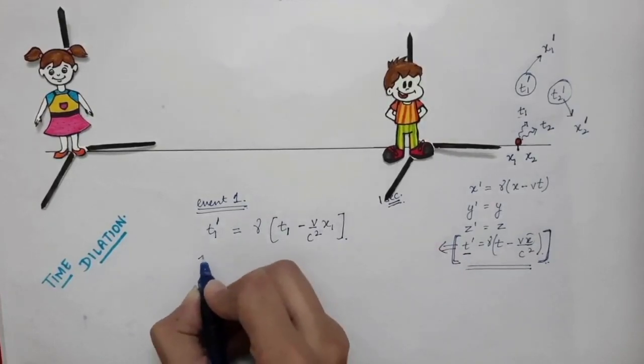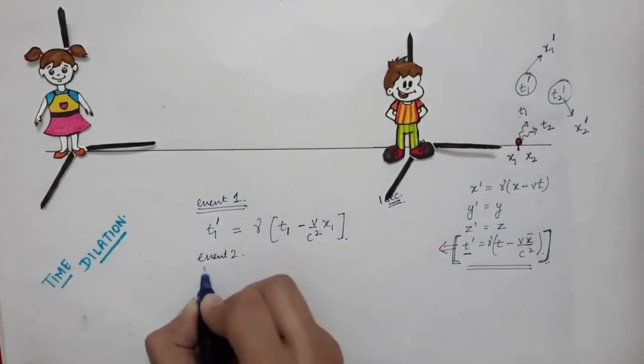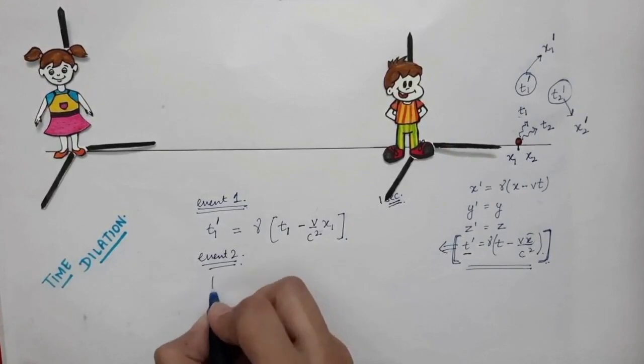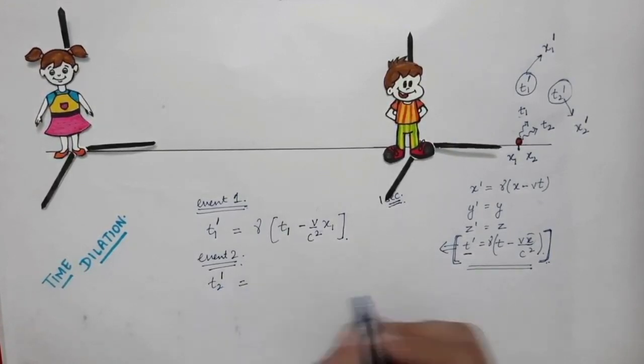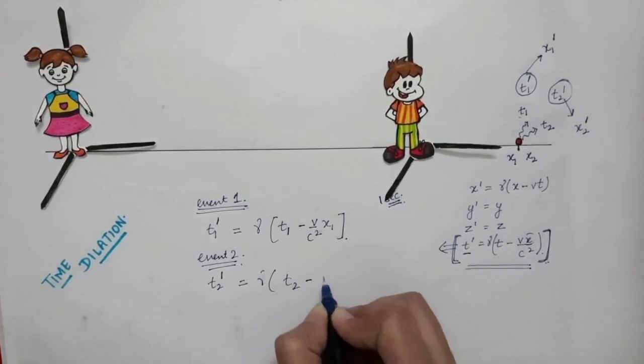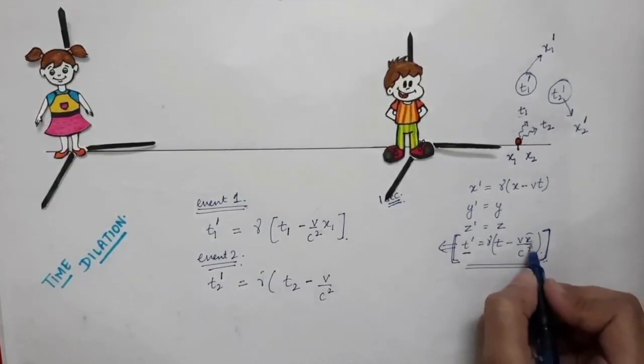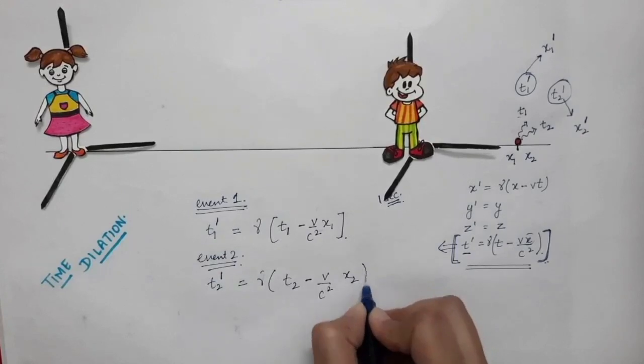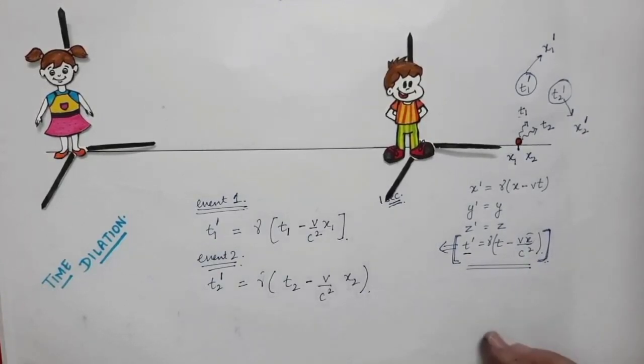Similarly, we will write down the equation for the second event. So for second event we will have t2 prime, and that will be gamma times t2 minus v by c square times x2. So instead of x, I will have x2.